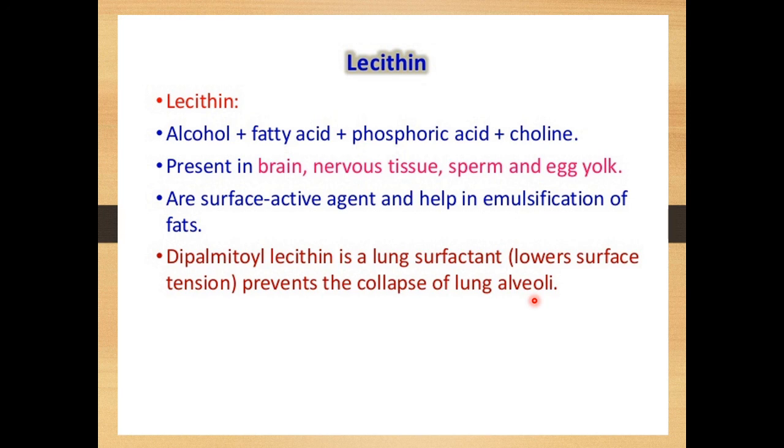So in order to prevent the collapsing of the lung alveoli, the surface tension around the alveoli should be reduced. That is by the help of what? Lecithin. So dipalmitoyl lecithin is present on the surface of the lung alveoli. The lung alveoli is covered by a thin layer of dipalmitoyl lecithin, which reduces the surface tension in order to prevent the collapse.